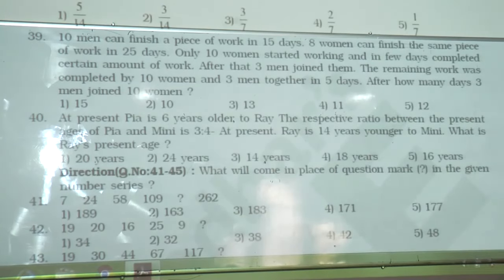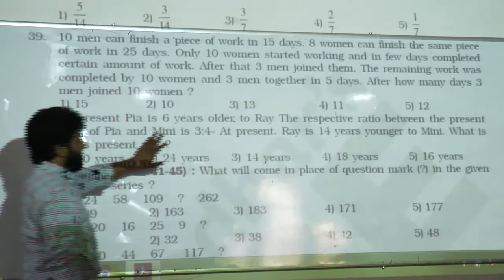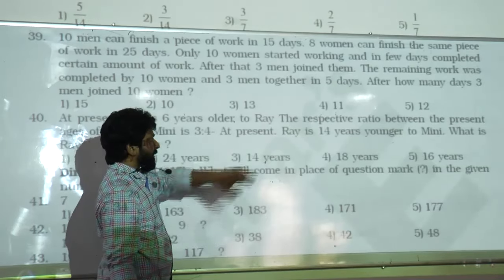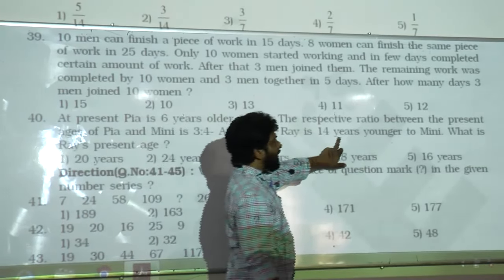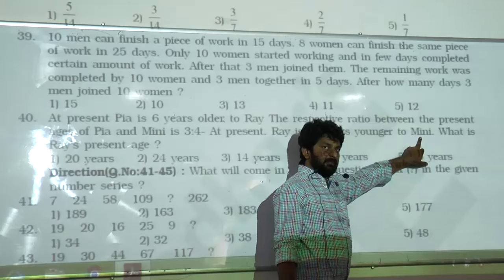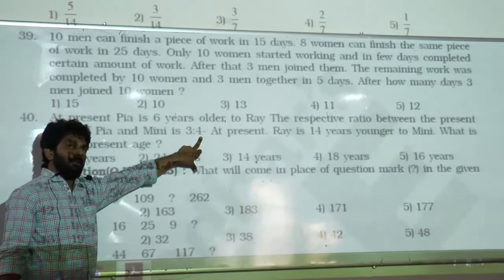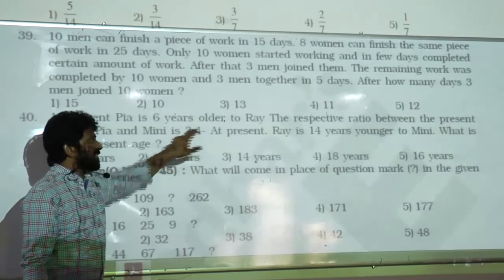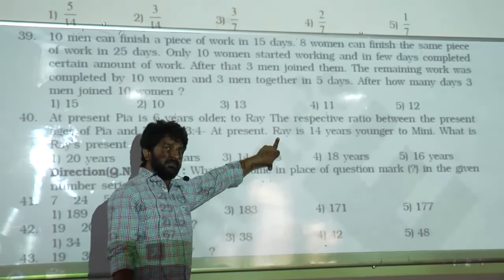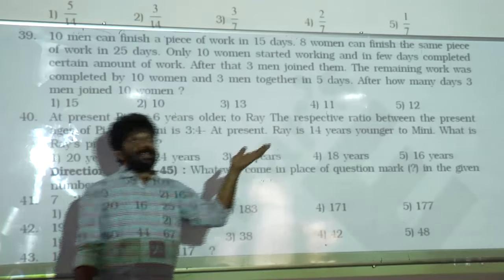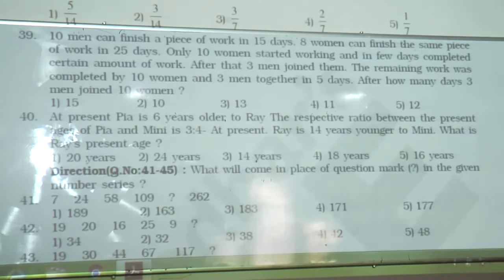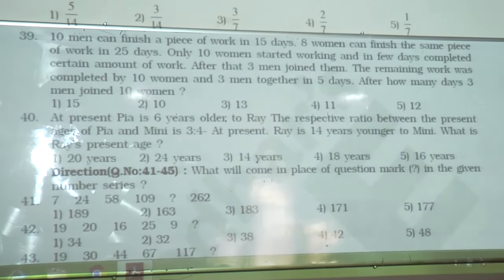Yeah, I'll tell you my logic first. See, here they said Ray is 14 years younger than Mini. What is Mini's age here? 4 parts. If Mini's age is 4 parts, what about Ray's age? 14 years younger than Mini, they said. 4 parts minus 14. Right?